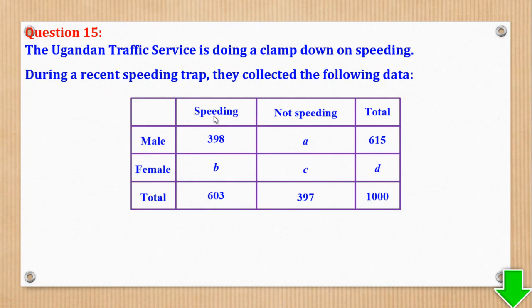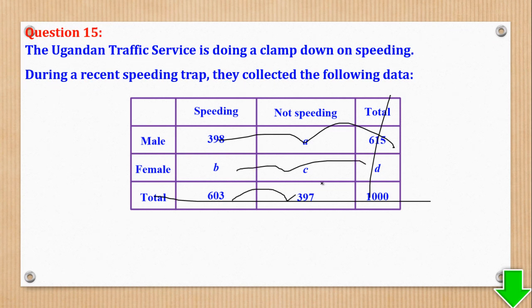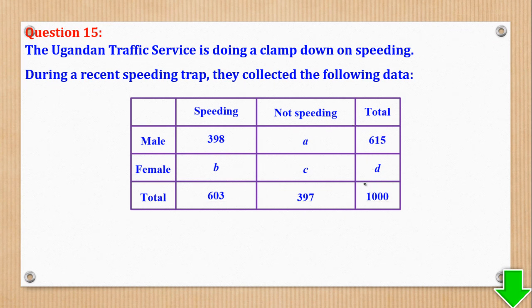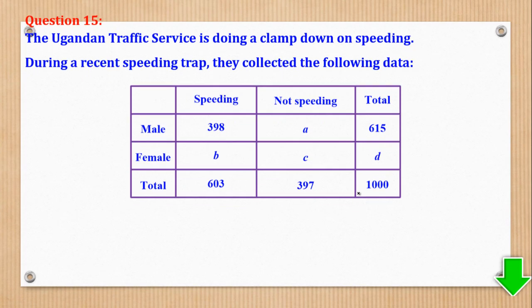What you should know, you can either do it vertical, or because we have two totals, we have these totals and these totals. So for horizontal, it means this plus this is this, this plus this is this, and this plus this is that. For vertical, it means this plus this is this, this plus this is that, and this plus this is that. So whatever I do is okay.